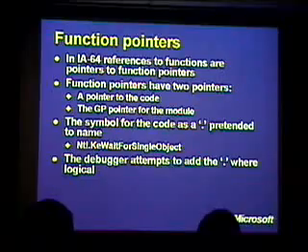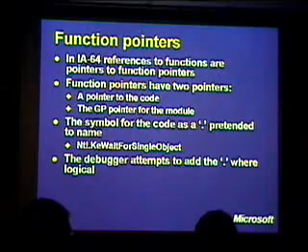As far as the linker and everything goes, a function will actually have two names. One is the traditional name, and the other one will have a dot prepended in front of it. The one with the dot prepended is actually the symbol for the code, and it's what you branch to.